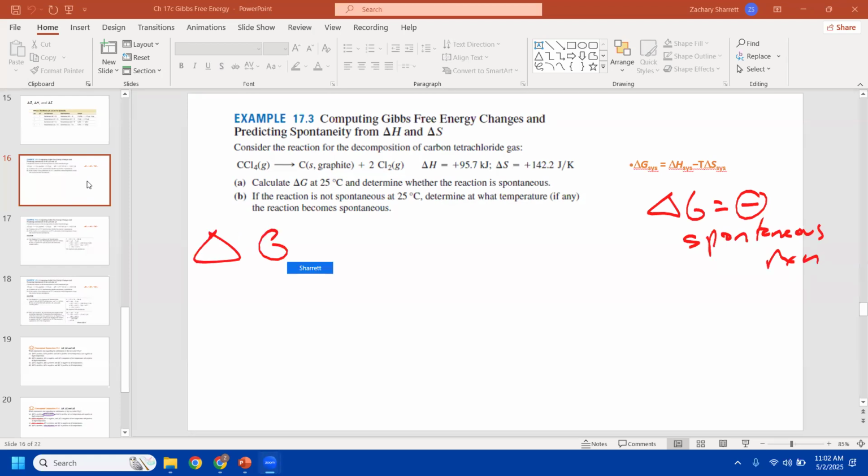If deltaG is positive, that indicates a non-spontaneous reaction, right?